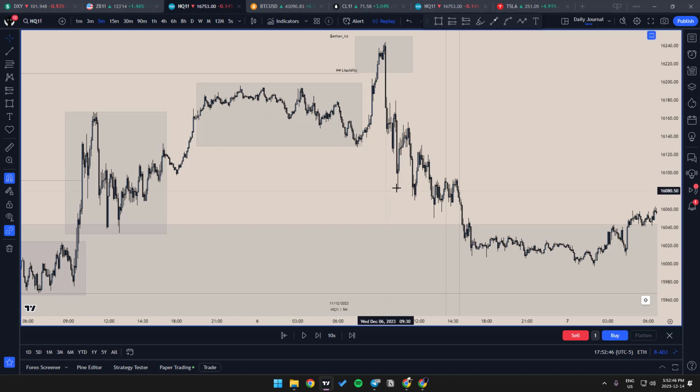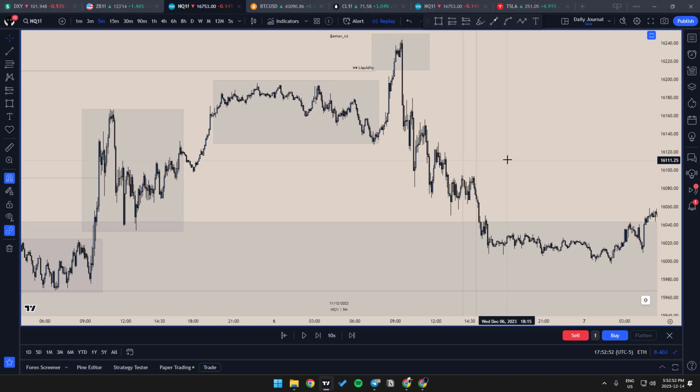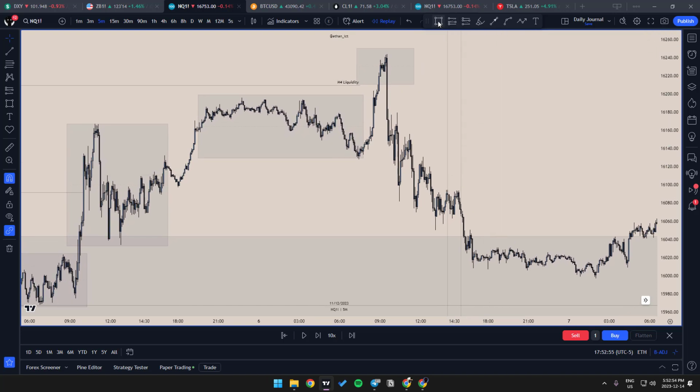All right, perfect. So when we're looking for that silver bullet setup, it's that second stage of distribution, right? So here it's very compressed. I believe if you go down to the 1 minute, it's even cleaner. But here you can see we have our low risk sell right here, and then we have our first stage accumulation, and then we have our final stage of distribution over here.